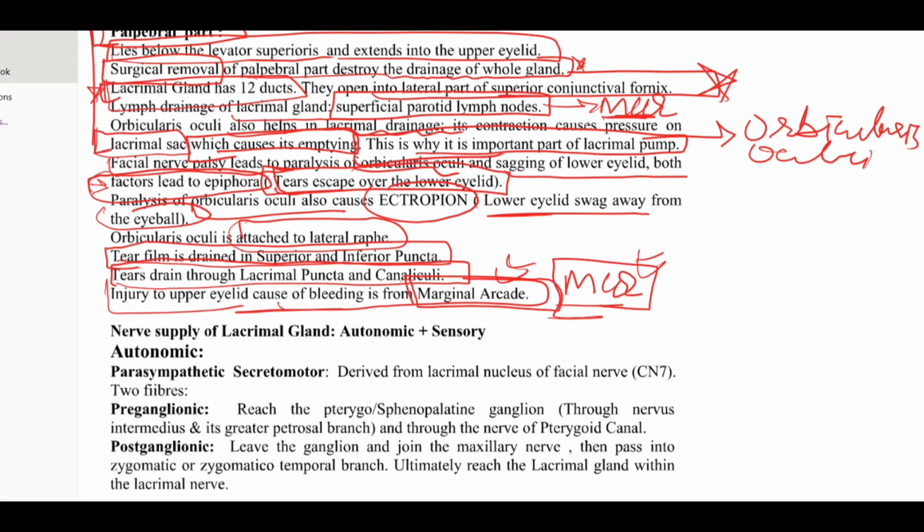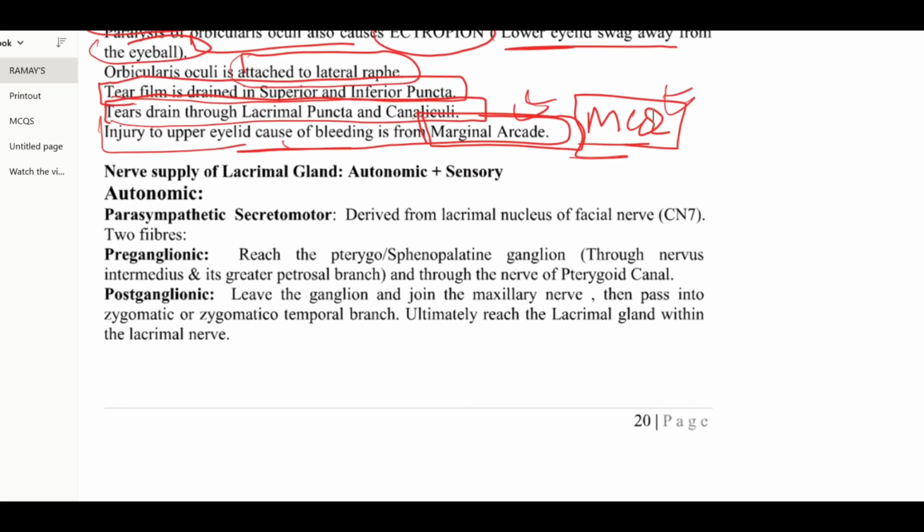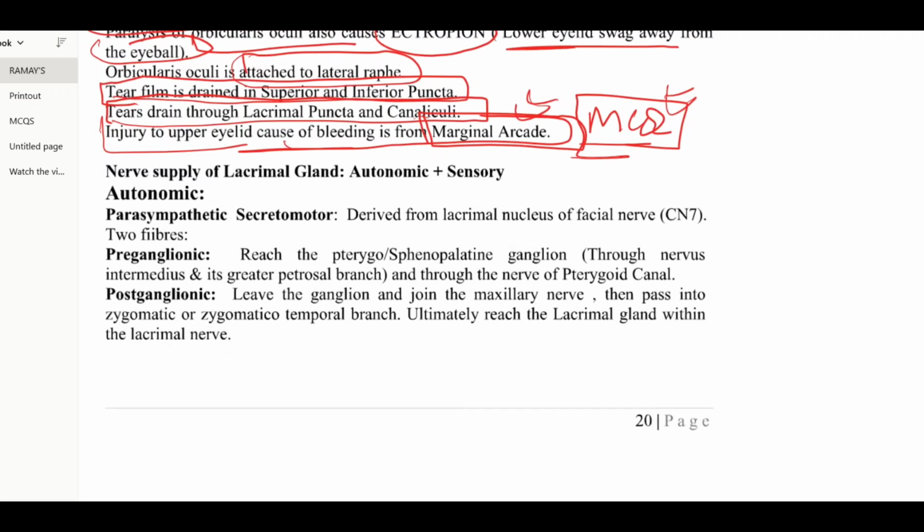Our next topic is nerve supply of the lacrimal gland. Nerve supply of the lacrimal gland is very important. I will try to make it easy with the help of diagrams. First of all, we will see what is the basic structure of the nerve supply. There are two kinds of supplies.